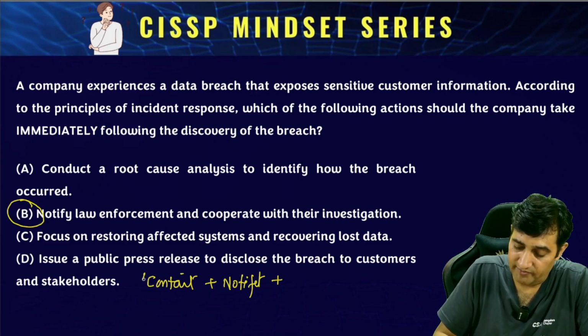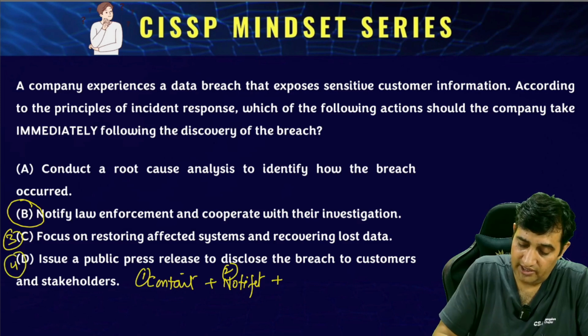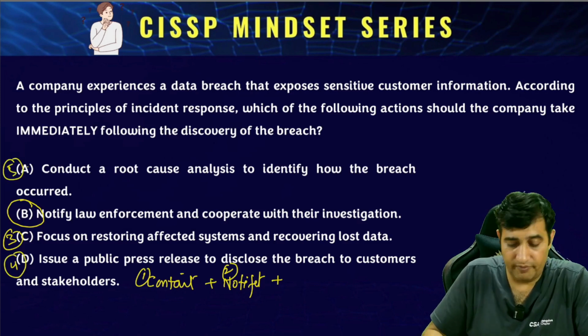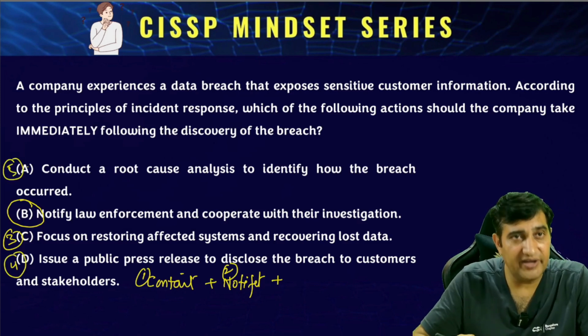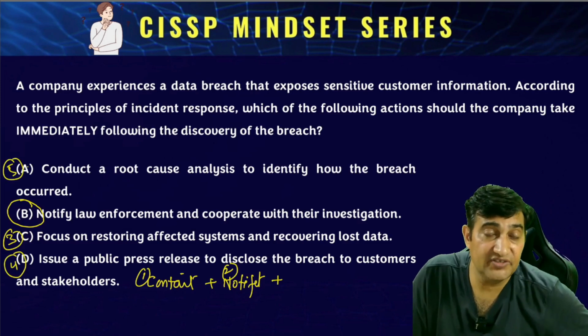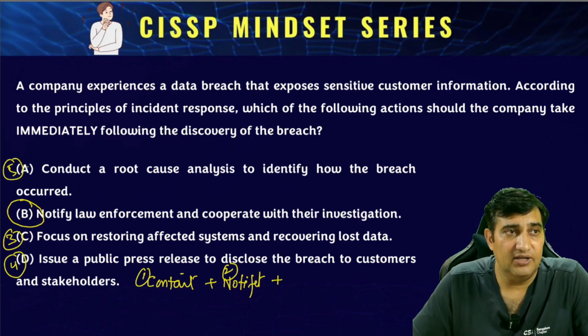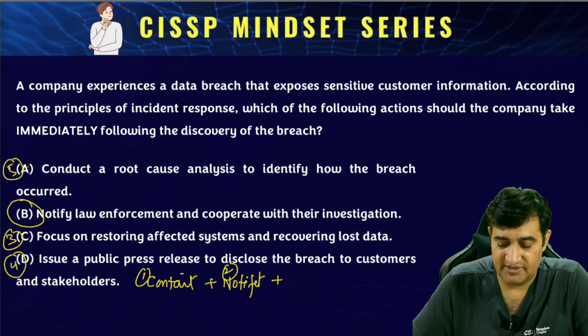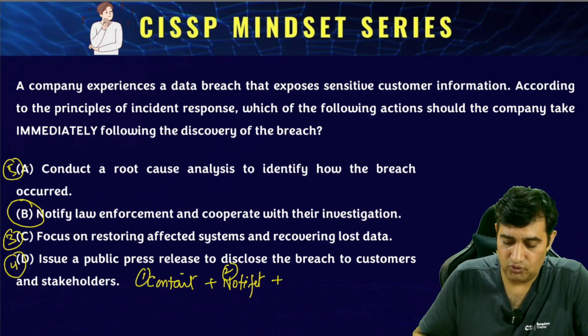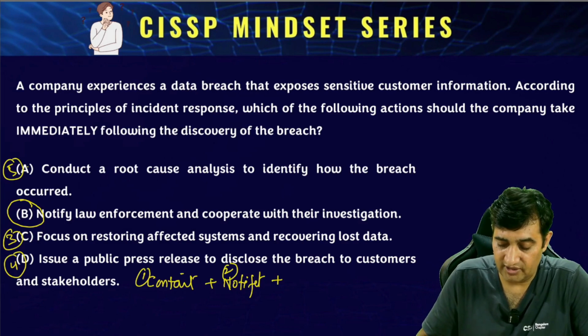It is going to be number 1, number 2, number 3, then number 4 and number 5, or maybe number 4 and number 5 may interchange based on the type of incident. Okay, so that's going to be the right sequence. With that said, let's go to the next question. So if you are still confused, B is the right answer.